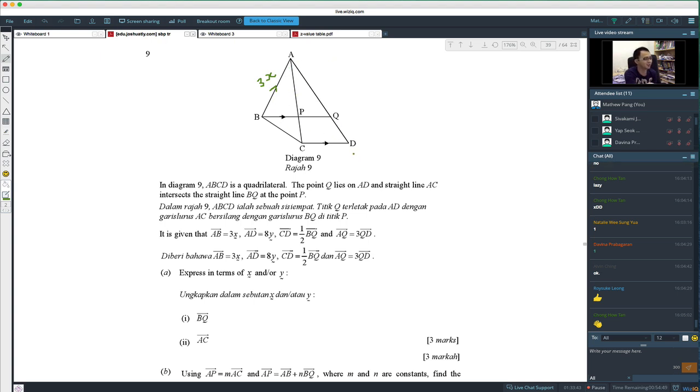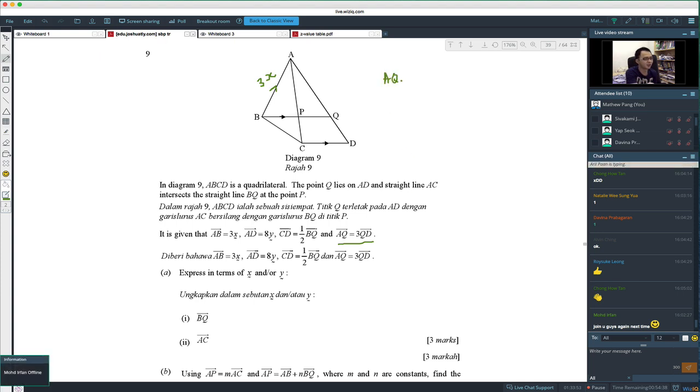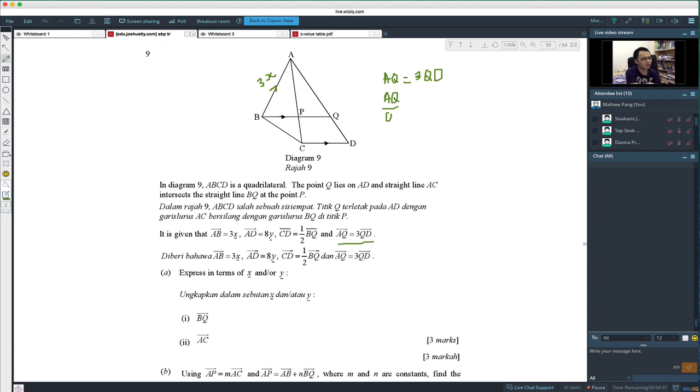But since this is separate, I will solve this one. If AQ equals 3QD, I move the QD to the other side, so AQ over QD equals 3 over 1. Therefore the ratio AQ to QD equals 3 to 1.